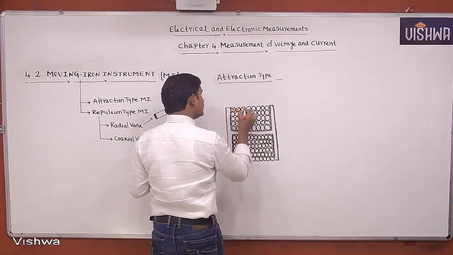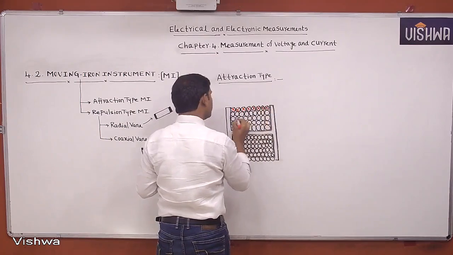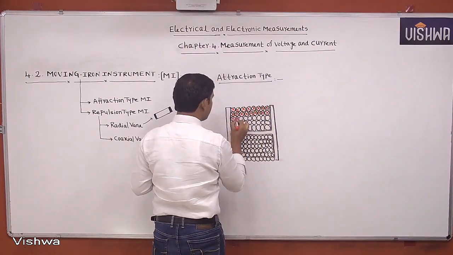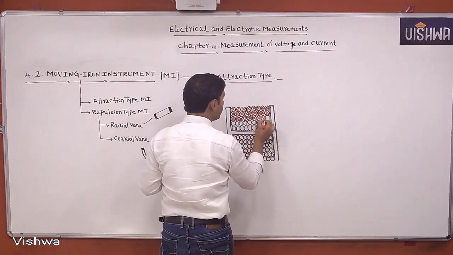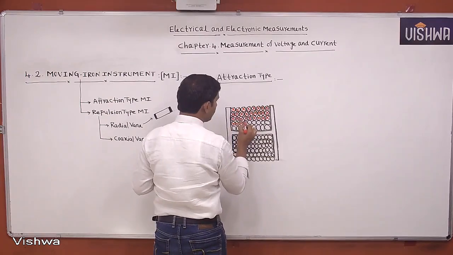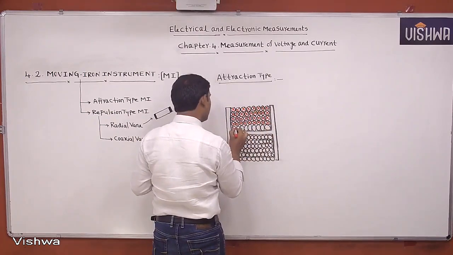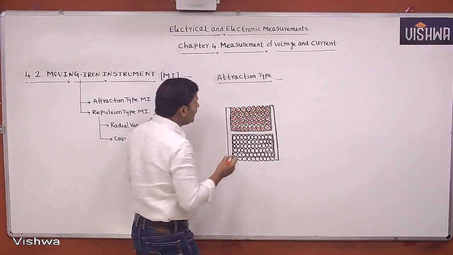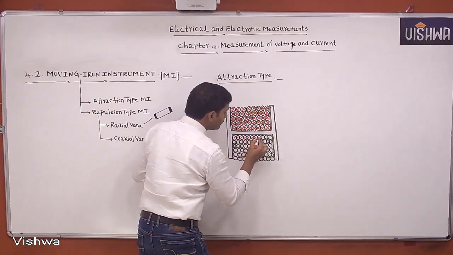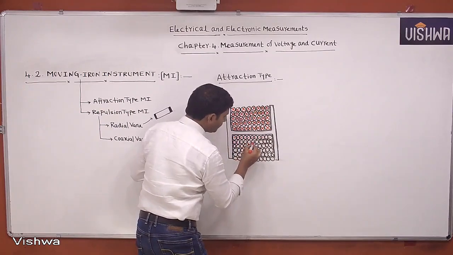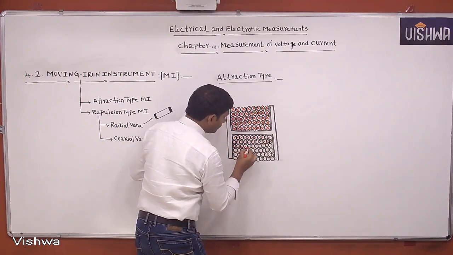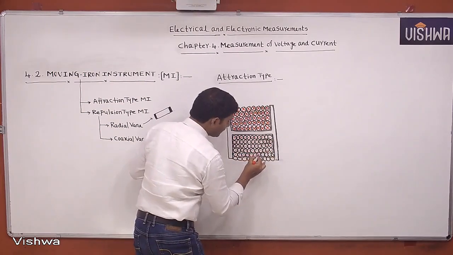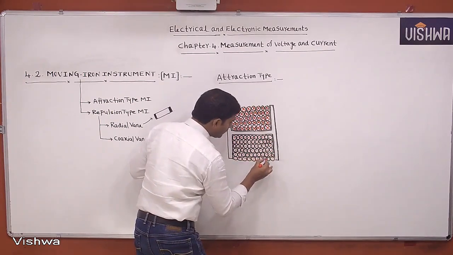Entering is cross, and current leaving is dot.